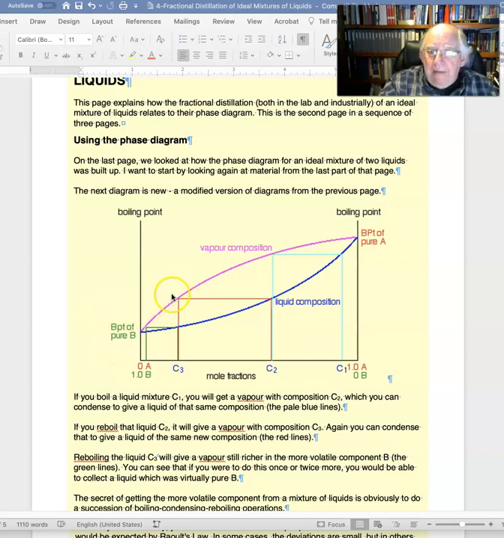And then again, as that vapor travels up the column, it might find a marble that is a little bit cooler, and it may condense at that point. At that point, it will boil, and the vapor coming off, which was C3, will actually reach a composition that's almost all the most volatile component.